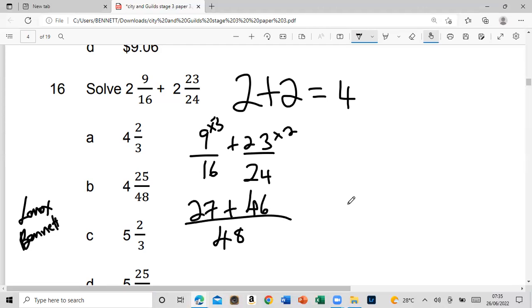So that's 3, 6, 7, 13, carry 1, 6 and 1, so 73 over 48. Now how many 48s can we get out of this? 1 and 25 over 48. So now we add 4 plus 1, that gives 5 and 25 over 48. That's all.